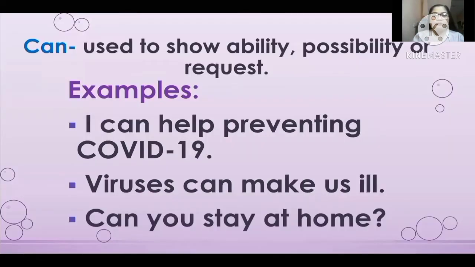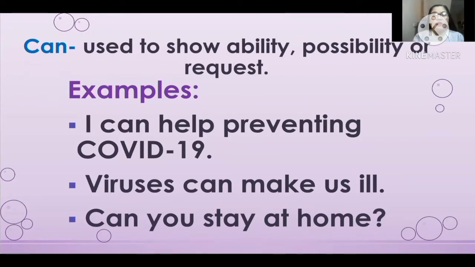First example of modal is what we call can. Can is used to show ability, possibility, or request. So can has three uses. Let's have first the ability. When we say ability, these are the things that we can do or are able to do. Example, I can help prevent COVID-19. In this sentence, can expresses ability.